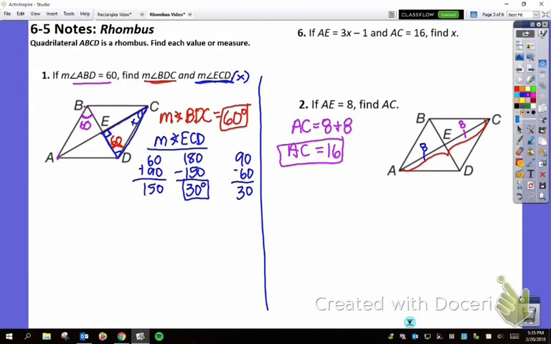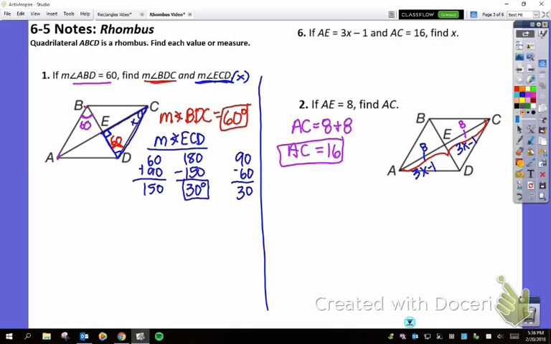If you look at number 6, here we know that AE equals 3x minus 1. Then we also now know that AC, the whole thing, equals 16. So you have two different options here. If AE is 3x minus 1, then EC would also be 3x minus 1.